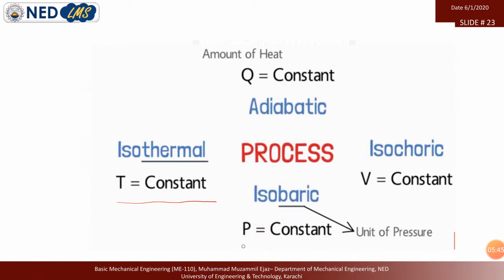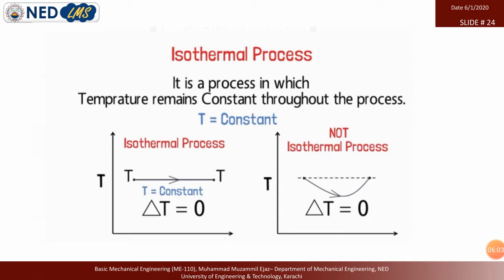In the isobaric process, pressure is constant. In the isochoric process, volume is constant. In the adiabatic process there is no heat transfer, and if it is an isentropic process, it will be a reversible adiabatic process. So first we study the isothermal process.